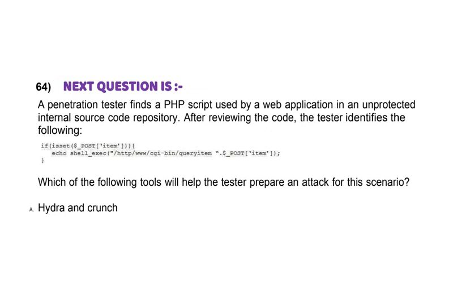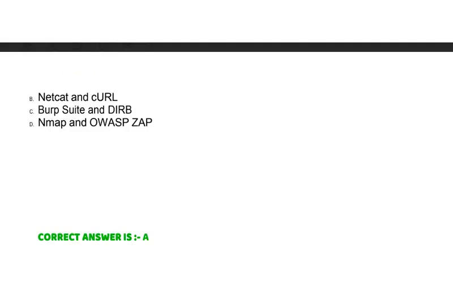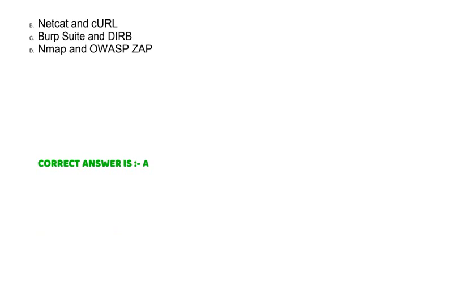Option A, Hydra and Crunch. Option B, Netcat and cURL. Option C, Burp Suite and DIRB. Option D, Nmap and OWASP ZAP. Correct answer is option A.